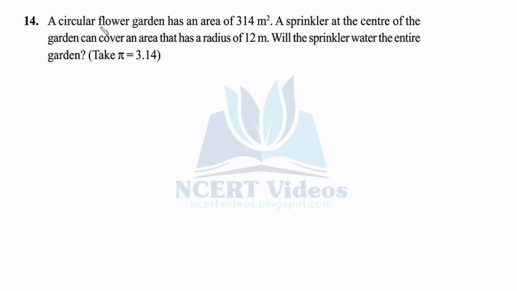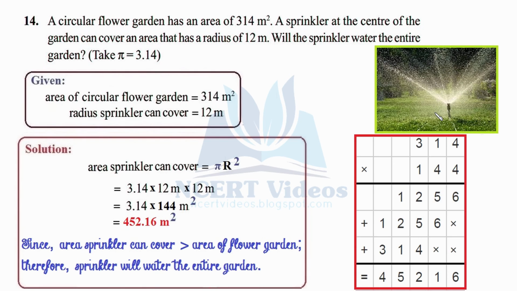Question 14. A circular flower bed has an area of 314 meters square. A sprinkler at the center of the garden can cover an area that has a radius of 12 meters. Will the sprinkler water the entire garden? Take pi equals 3.14. You might have seen in the fields, a piece of land where you have this gadget.